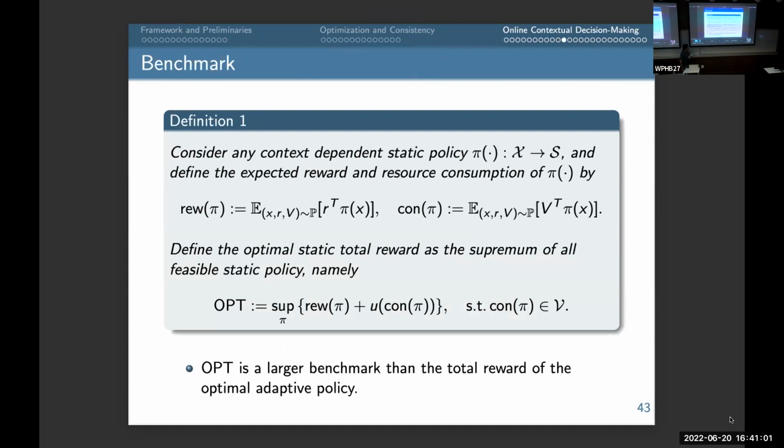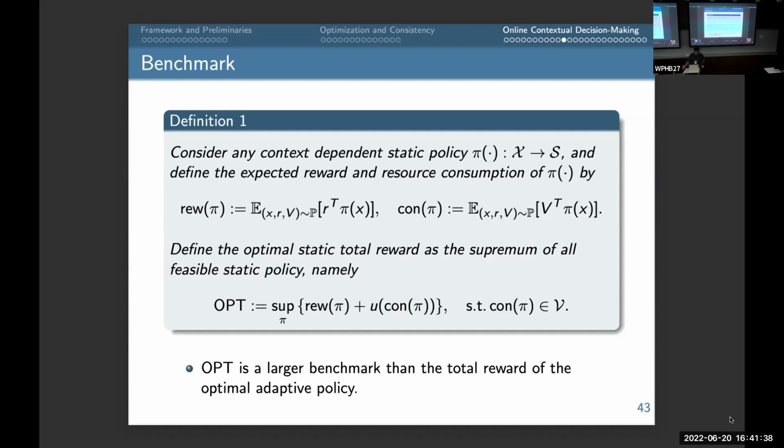And then in terms of the regret, we compare against a benchmark policy, which is sort of the optimal context-dependent static policy, meaning that it's a policy pi which maps you from features to decisions. And given any such policy pi, we can look at the true expected reward, which is the expectation with respect to the true distribution of R transpose pi x, and we can look at the true expected consumption, which is again the expectation with respect to the true distribution of V transpose pi x.